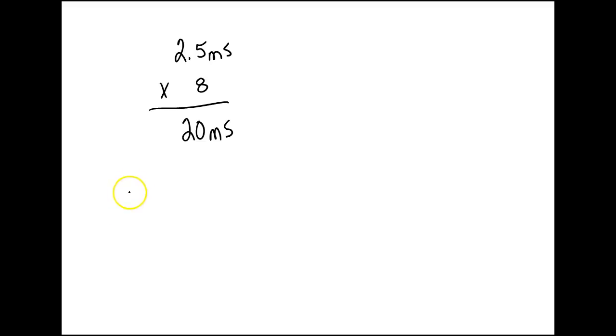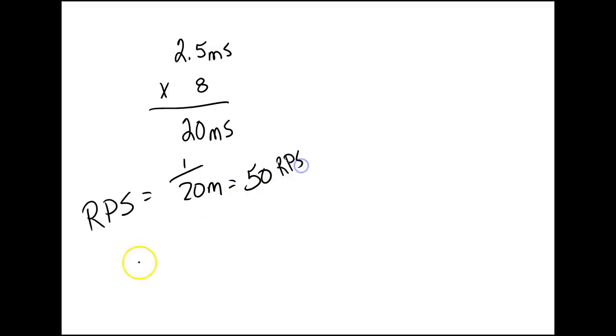So this gave me my speed in revolutions per second. So I take 1 over 20 milli, and this gave us 50 revolutions per second. And then to get revolutions per minute, I took the 50 and multiplied it by 60. And this gave me 3,000 RPM. Now for some reason, we don't do RPM in engineering notation.